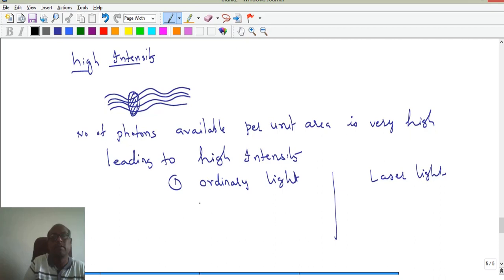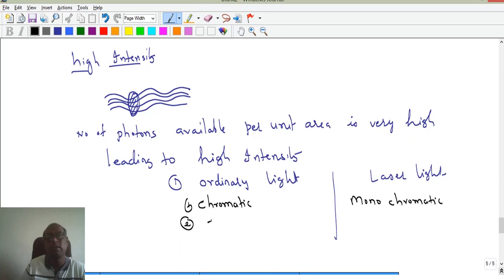Ordinary light is chromatic in nature, whereas laser light is monochromatic. Second, ordinary light is incoherent in nature. Laser light is coherent in nature.